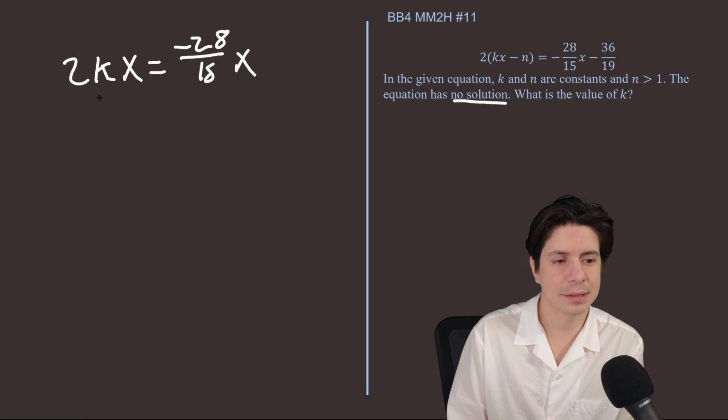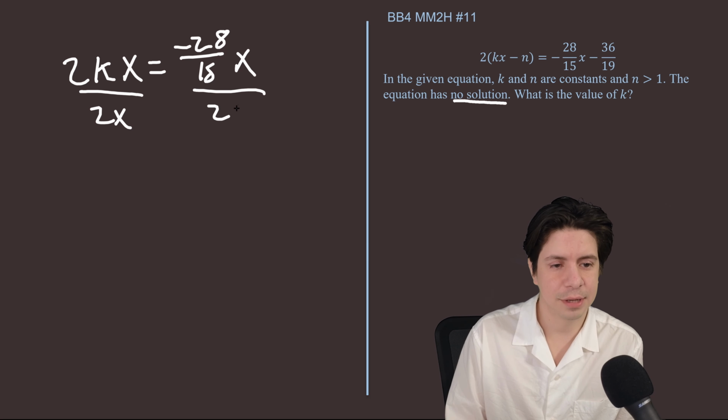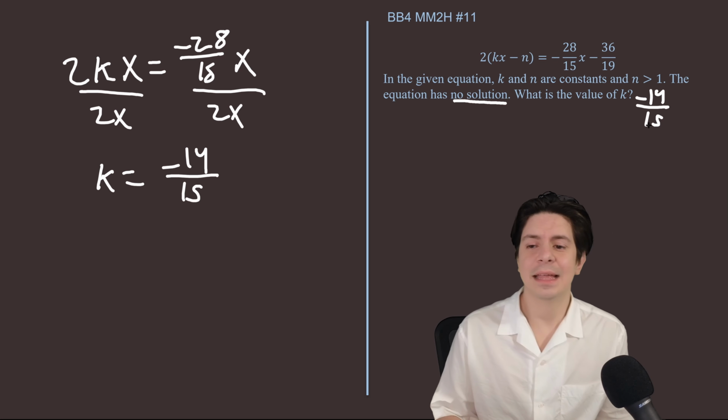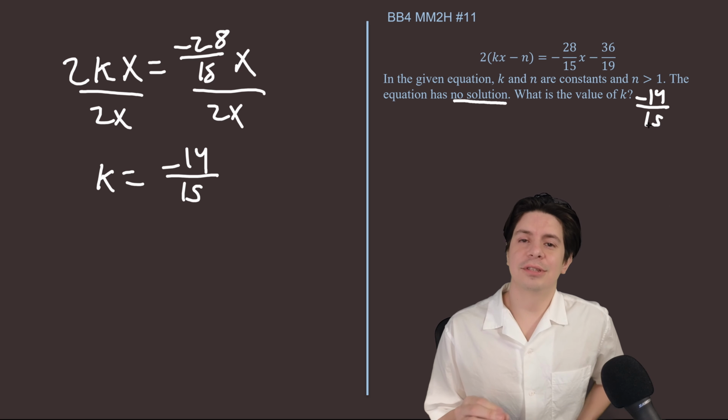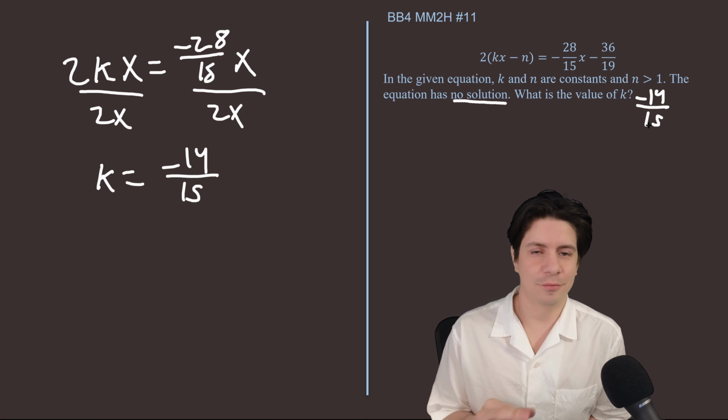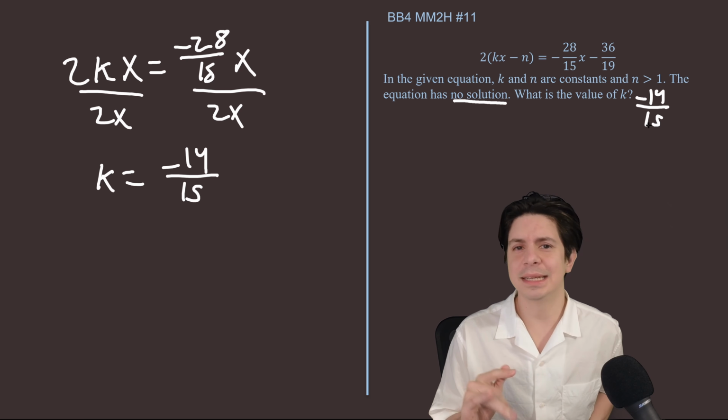Divide by 2x and divide by 2x. And you get k equals negative 14 over 15, and that is our answer. This one, the math itself isn't hard. It's just understanding what the question is asking for. Once you get that, I think this becomes an easy medium question.